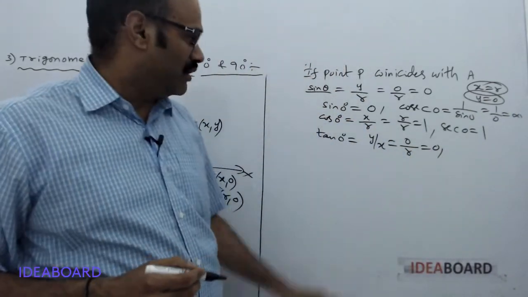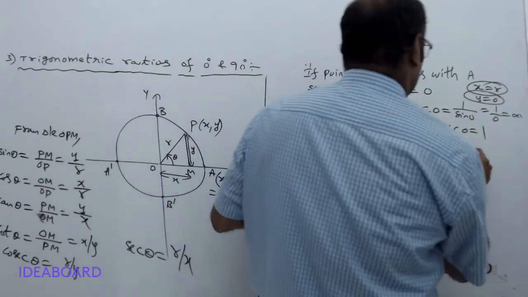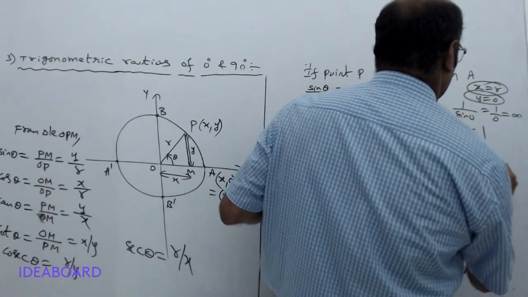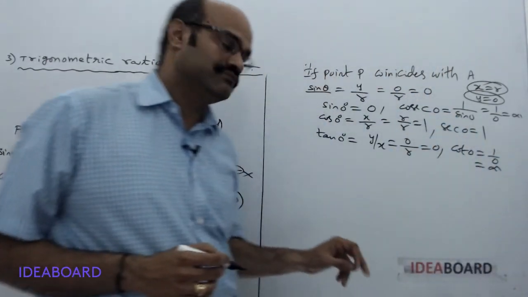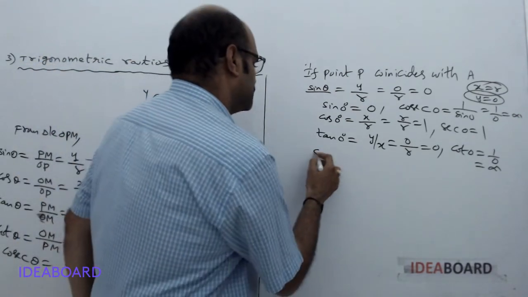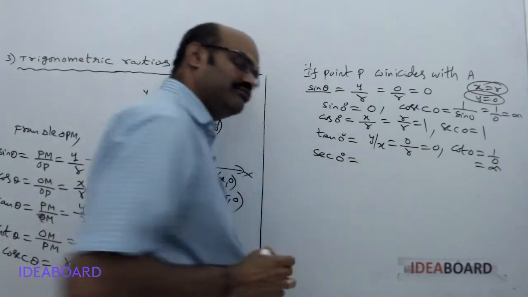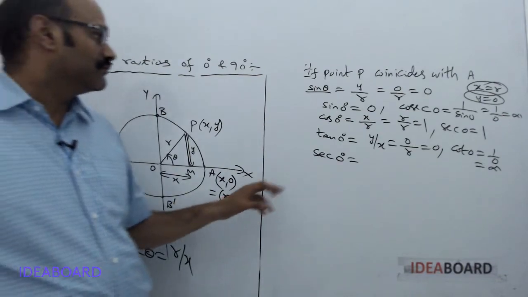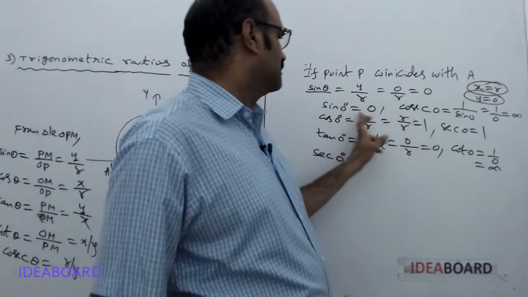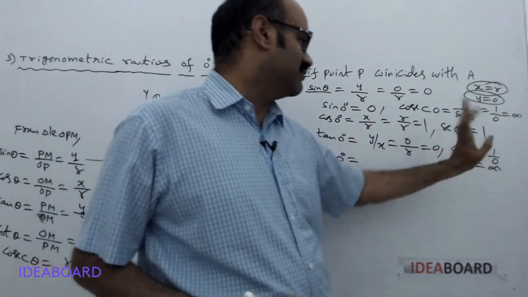Now cot 0 is 1 by 0, which equals infinity. Now secant 0 degrees, as we already wrote, is equal to 1.